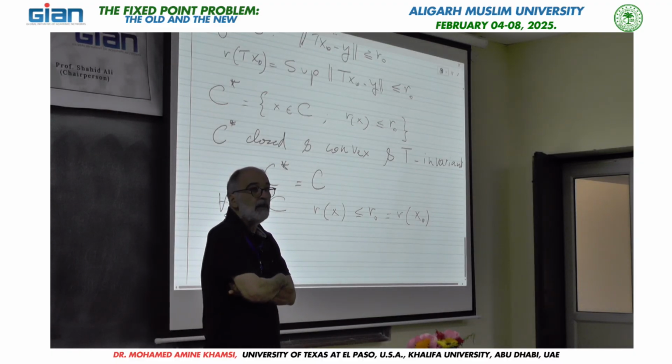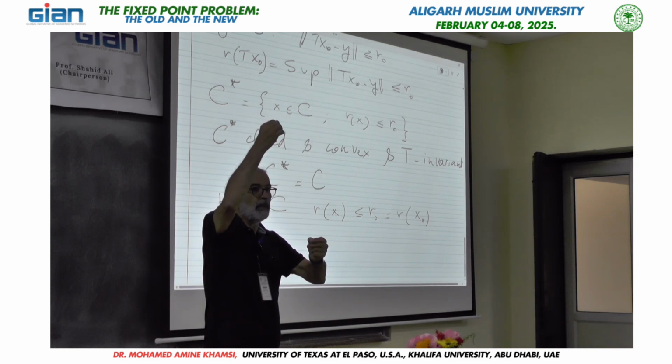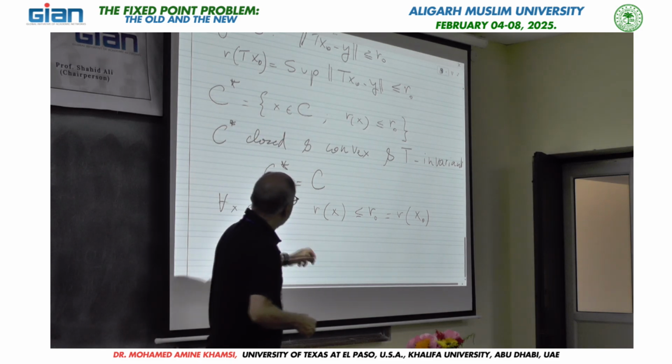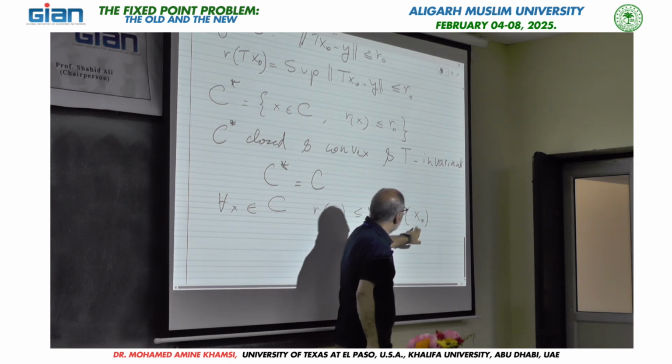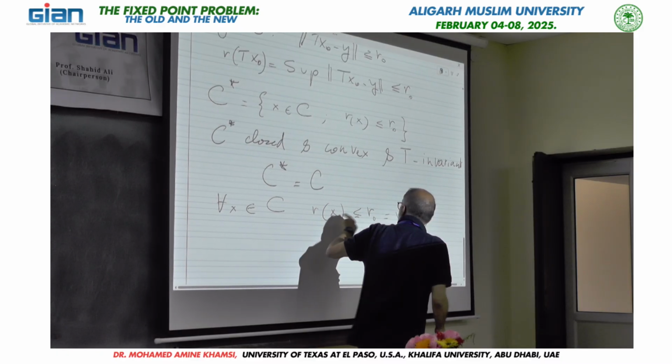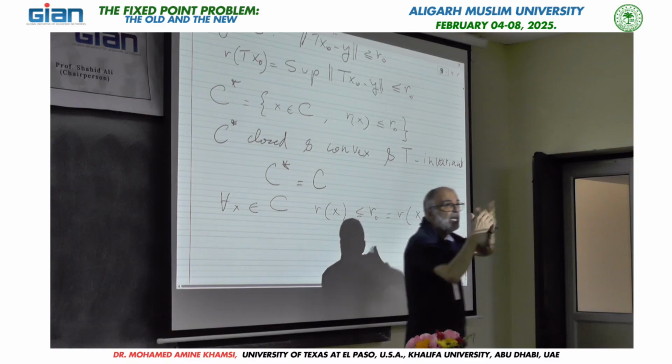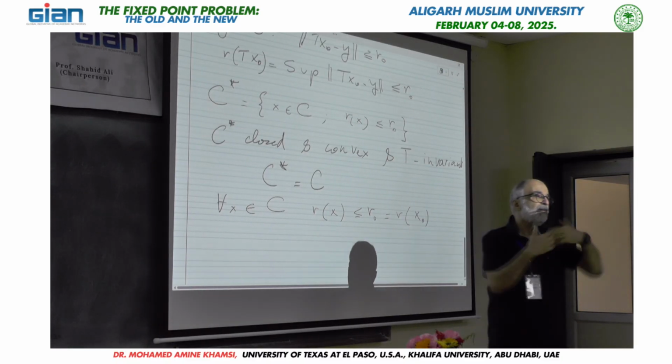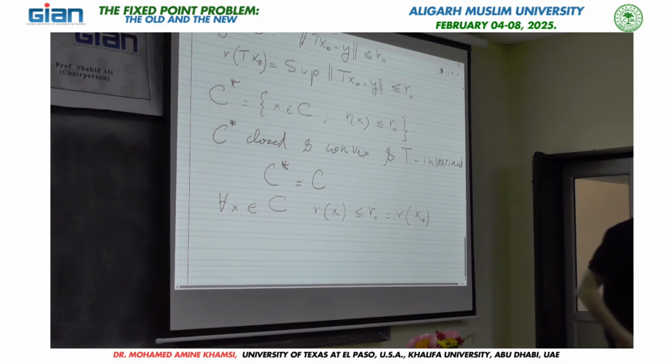No. I just took x0, and therefore this inequality with x0 being arbitrary. So if you have R of x less than R of x0 for any x0, for any x, it means that the function R of x is constant.